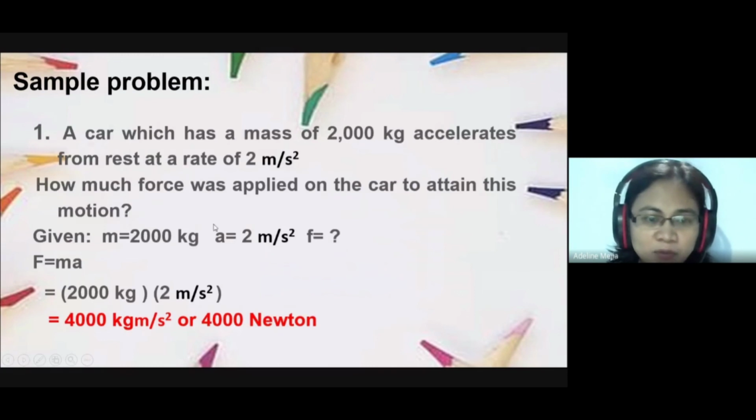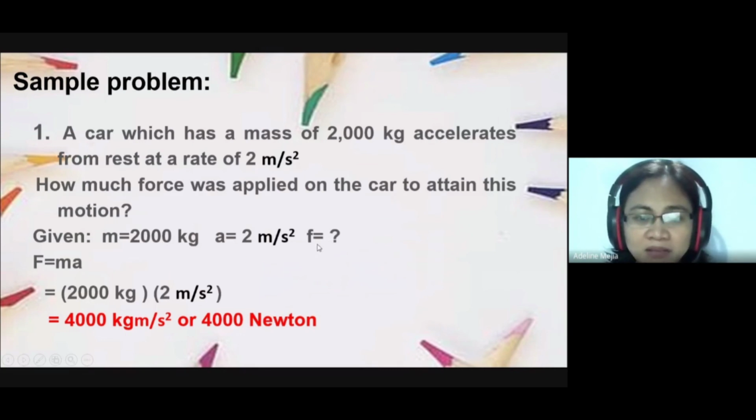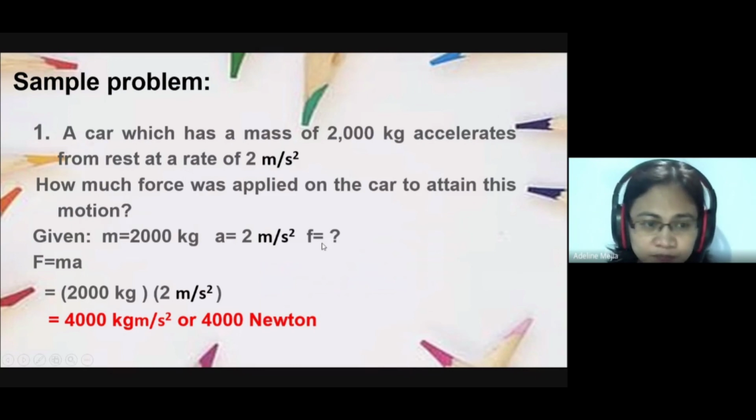So here is our sample problem with the sample computation. Given mass 2,000 kilogram, acceleration 2 meter per second squared, and the force which is unknown. Now force equals mass times acceleration.